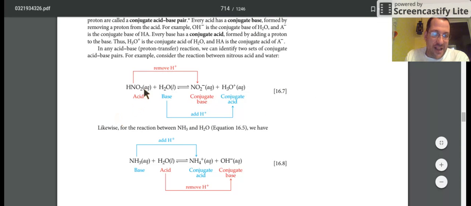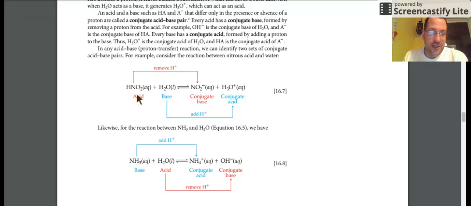Now here's the idea. Anytime you have an acid, and keep in mind this acid is an acid because it donates a proton, acids will typically react with a base. Acid plus base, and that's something you may remember from a different chemistry class.